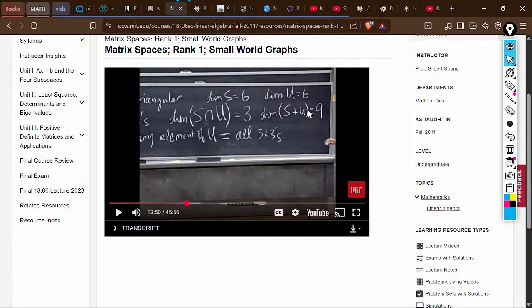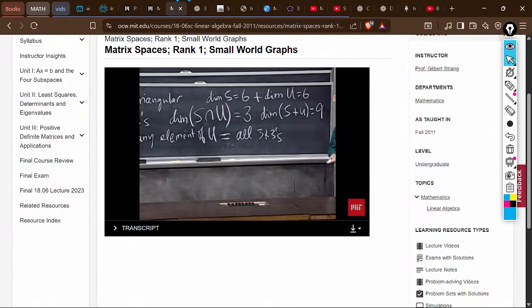The dimension of the intersection is equal to 3. The dimension of the summation is 9. That is actually equal to the dimension of S plus the dimension of U. Interesting.